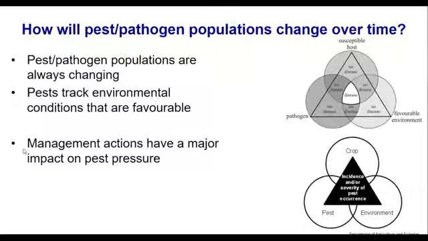So that in itself is an important point that we need to keep in mind: regardless of whatever climate you are going to be experiencing, your crop management is critical.